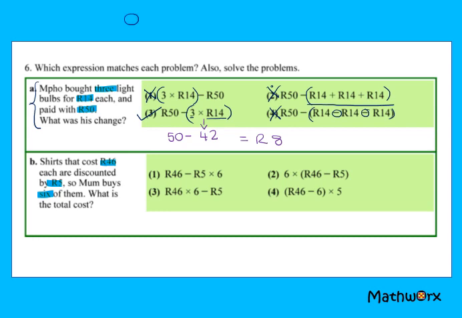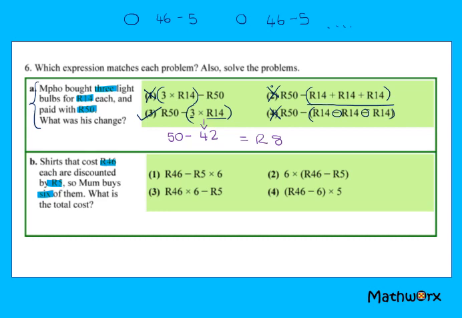So each t-shirt is 46 Rand minus our discounted price, which is 5 Rand. So when we buy 6 t-shirts, each t-shirt is 46 minus 5, and we're going to keep doing that for all 6. So therefore, we have to find out which the correct one is. So let's look at this. Let's look at 1.